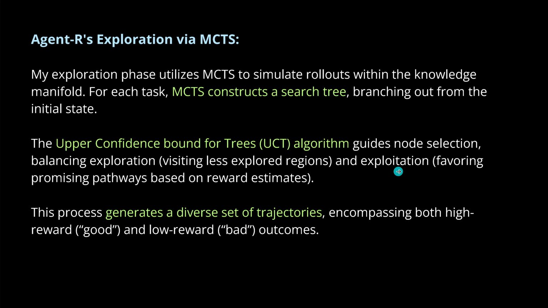And then we have exploitation, where we know that there are some good pathways, and we work here with reward models. So you know, we want to follow the path that leads us to the gold at the end of the rainbow. As you see, this process generates here a diverse set of reasoning trajectories encompassing both high reward, good, and low reward outcomes. And yeah, this is the reason why we have reward functions.